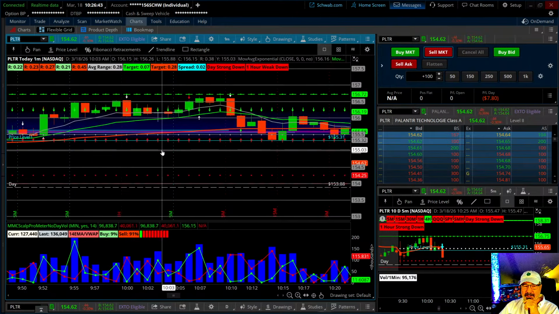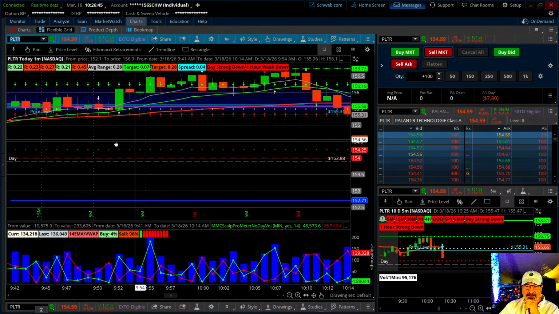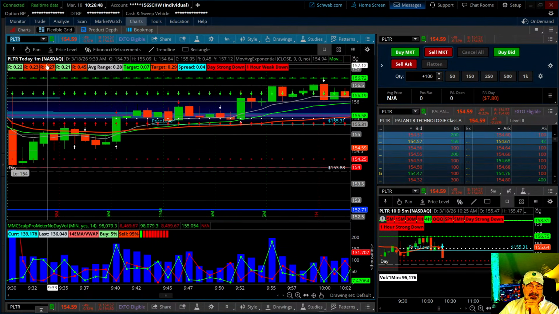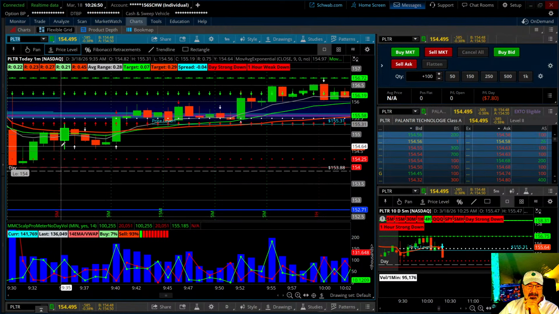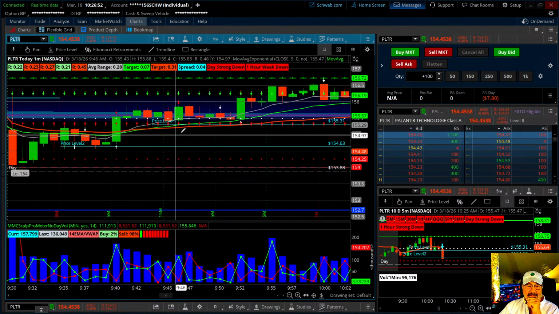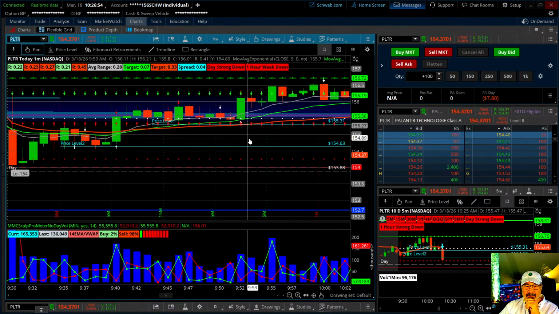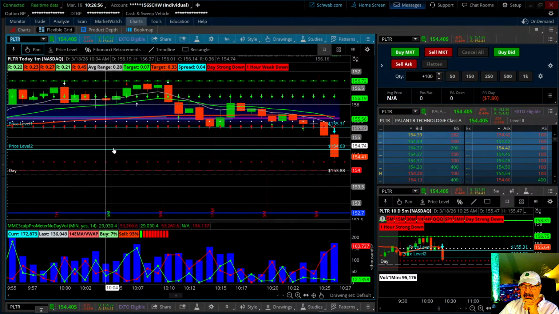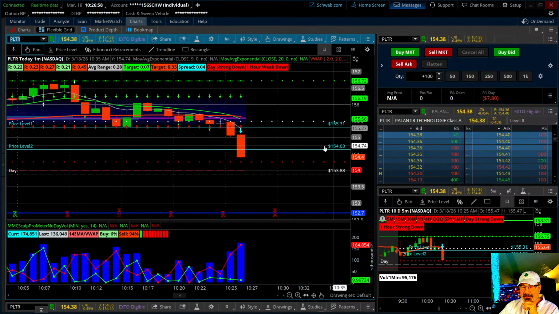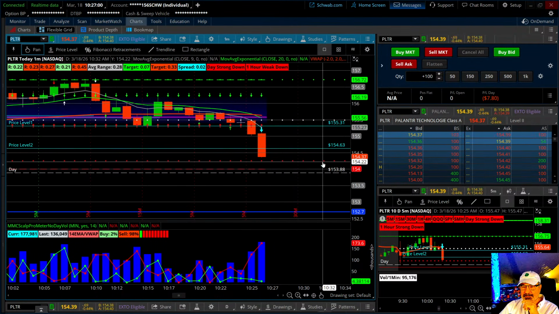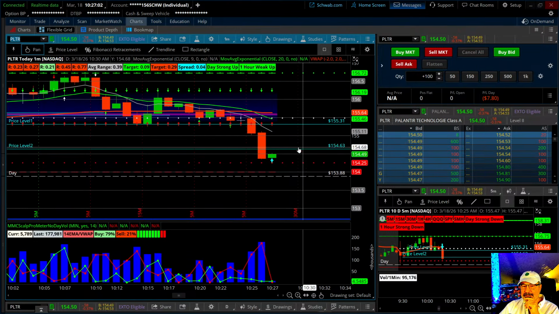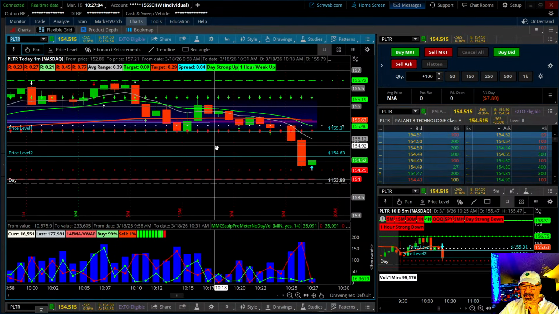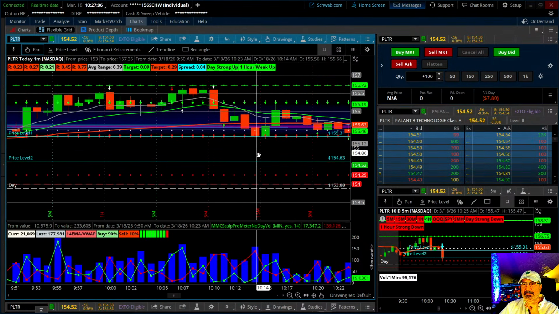And now it's really hopped down. Is that where it was? Because I might have stayed longer if I had that level marked. No, it broke it. Too bad. I don't see this as tradable at the moment.